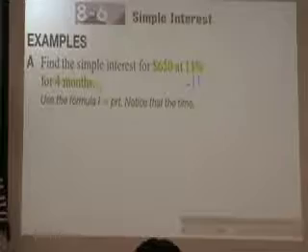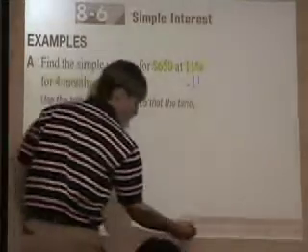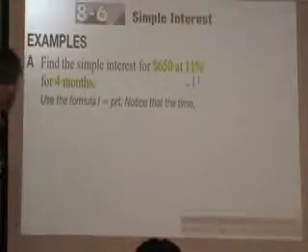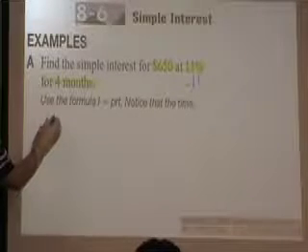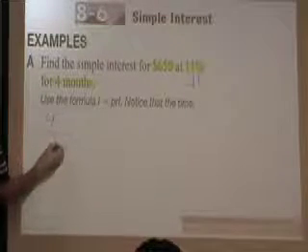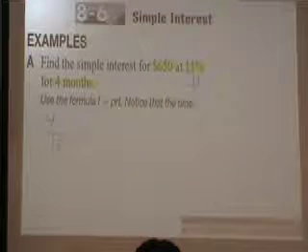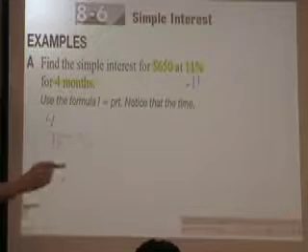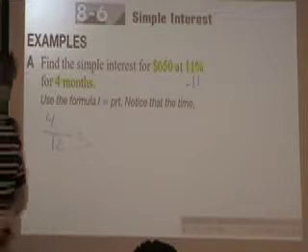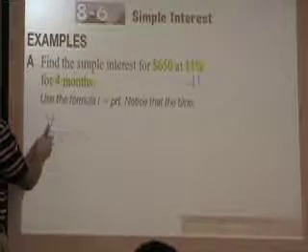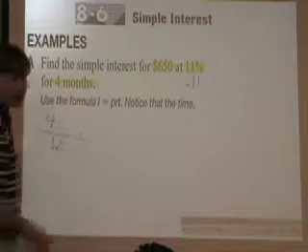Okay? Now, we got to make 4 months into what? Years. So what did I say you divide it by anytime it's in months? 12. Put in your calculator 4 divided by 12 and tell me what you get.